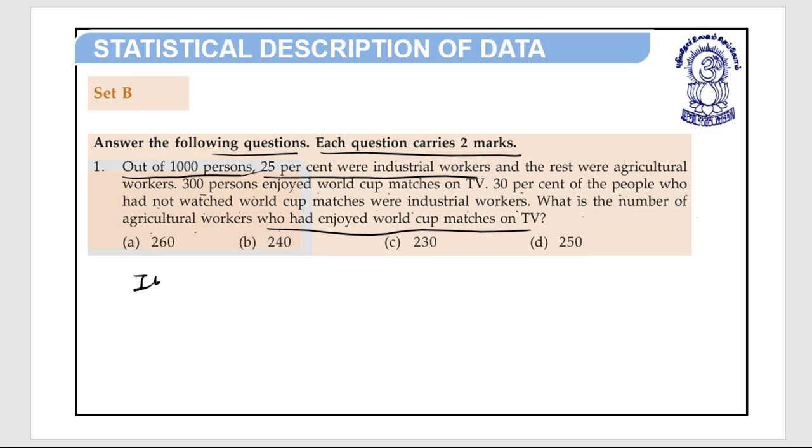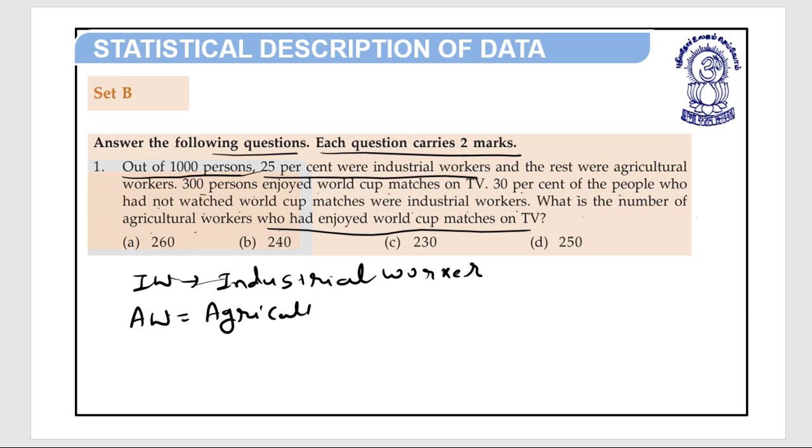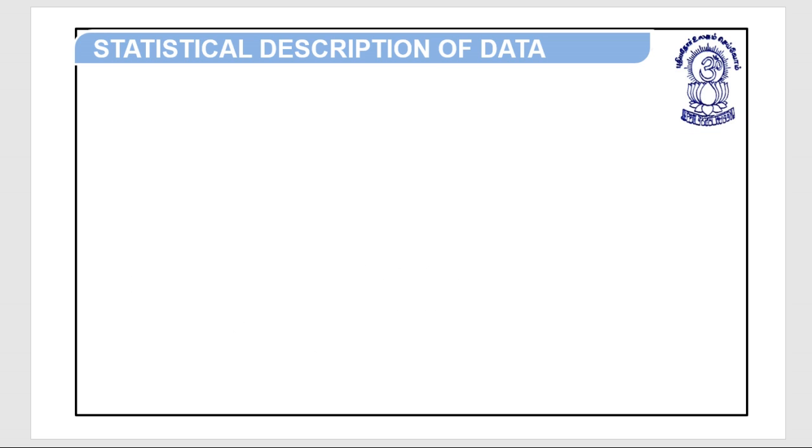So, IW, industrial worker, AW, agriculture worker, total worker. So here write the IW, AW, total.